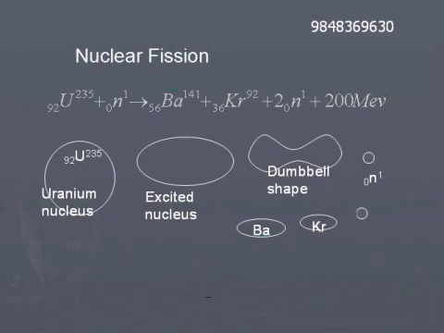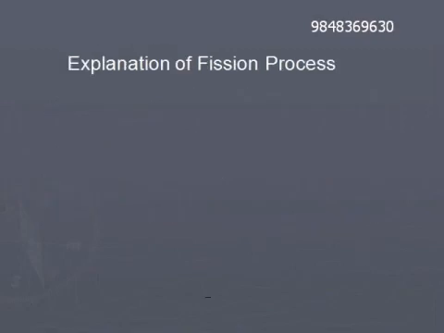This is the excited nucleus. Slowly it deforms into a dumbbell shape, and thereafter it breaks into two fragments, barium and krypton, along with 3 neutrons emitted. This is the rough process of breaking up of the nucleus.